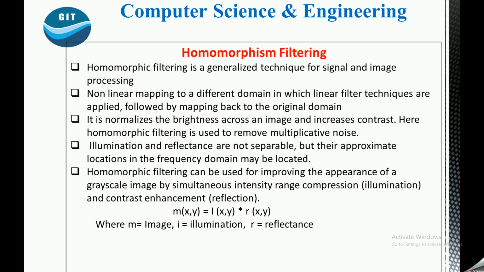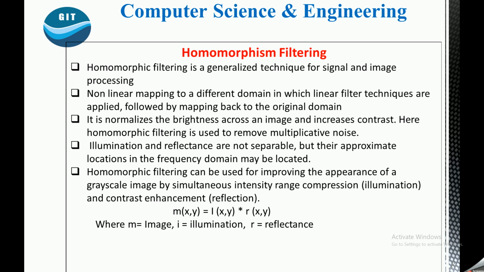The homomorphic filters are based on two terms: illumination and reflectance. Light falling on the object is called illumination, and light reflecting from the object is called reflectance. The key approach in homomorphic filtering is to separate illumination and reflectance components from the image f(x,y).